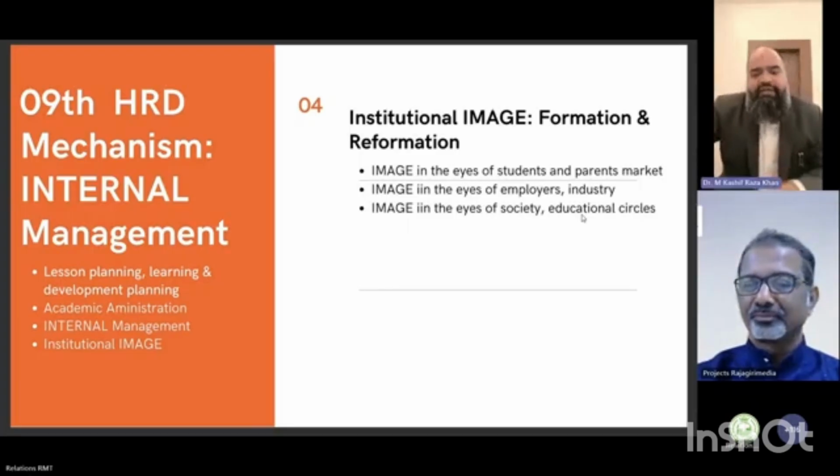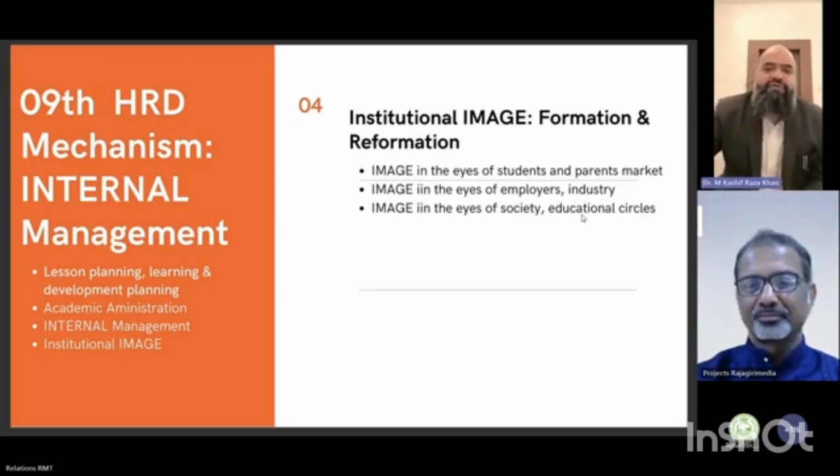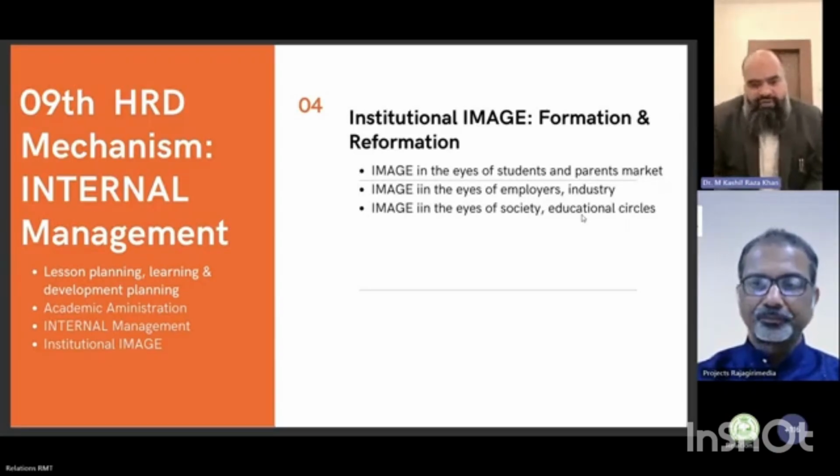An institutional image may need to be formed, or we may need to reform the institutional image. First, we need to form or reform the institutional image in the eyes of students and the parents market.